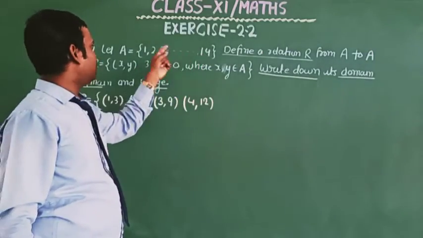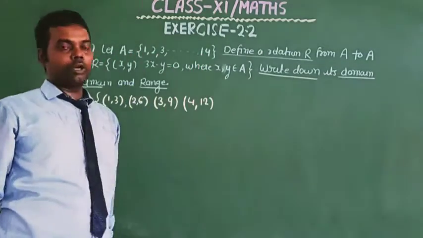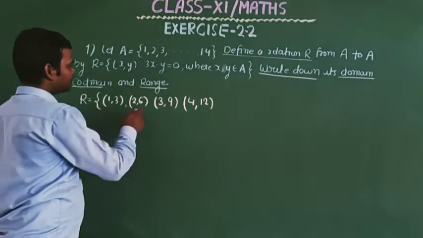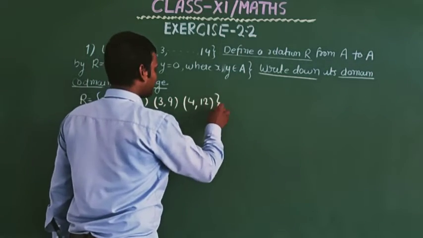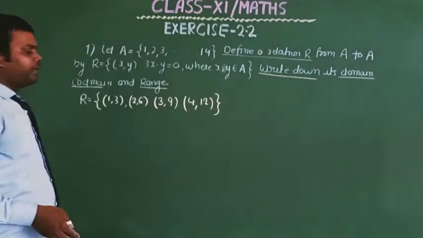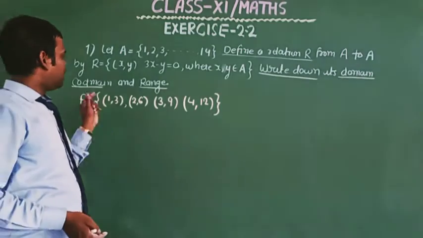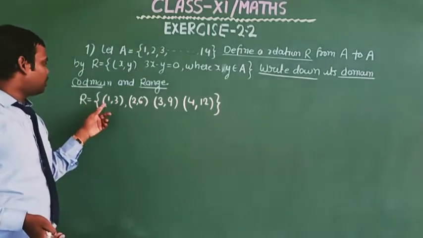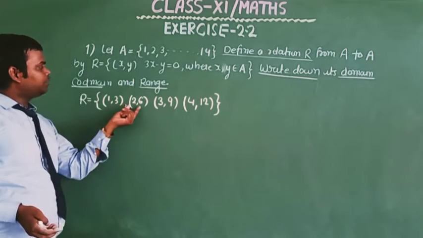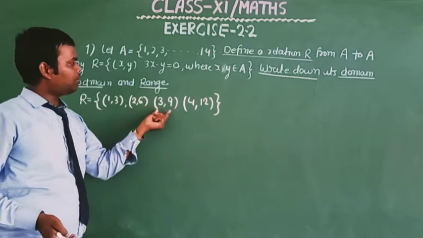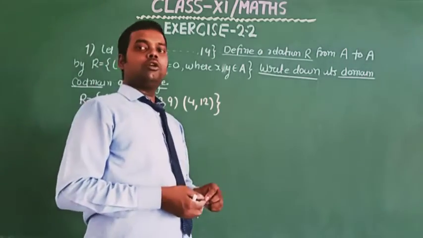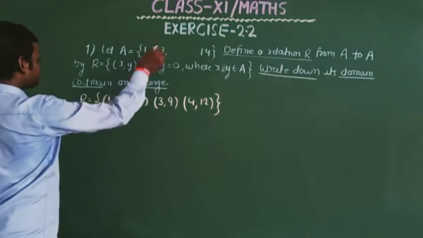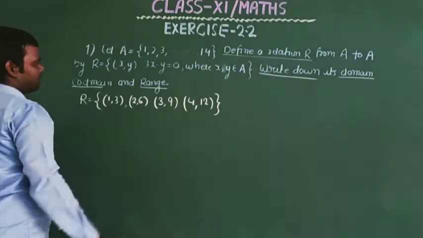But 15 does not belong to set A. So only 4 ordered pairs belong to the relation: (1, 3), (2, 6), (3, 9), (4, 12). So this is the set of the relation.